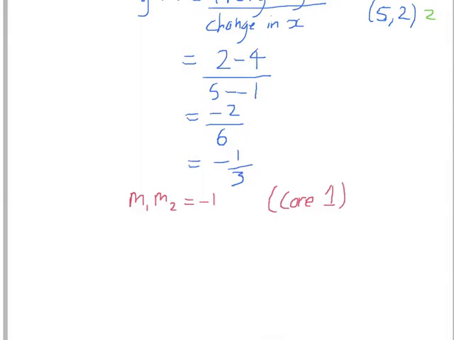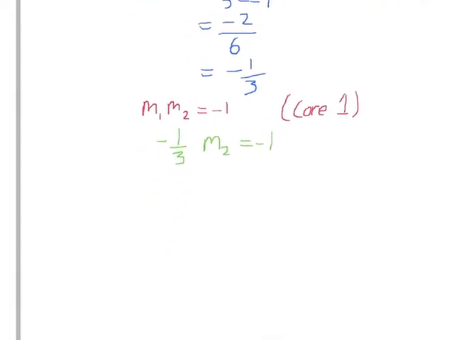So we know that the gradient of AB is -1/3, and we want to find the gradient of our line L. So minus a third times our unknown gradient is equal to minus 1. So the gradient of the line L must be 3, because minus 1 divided by minus 1/3 is 3.